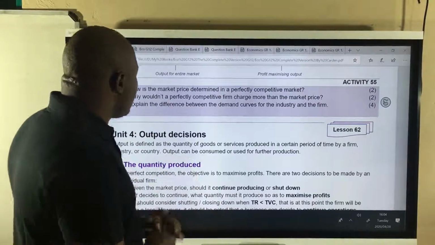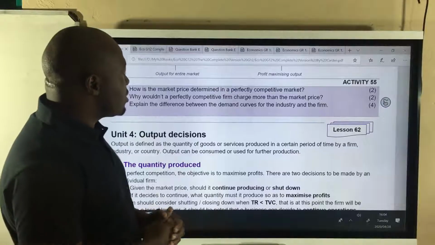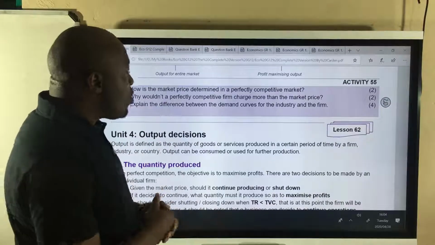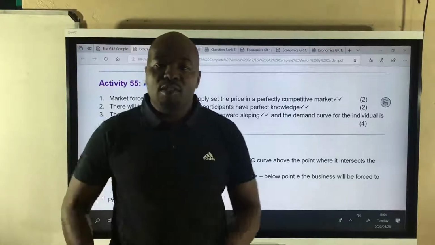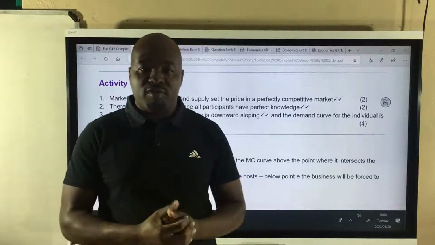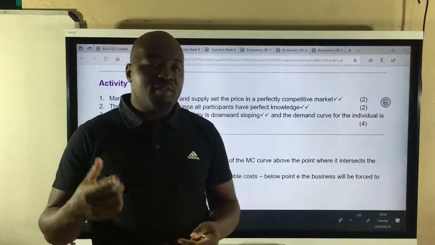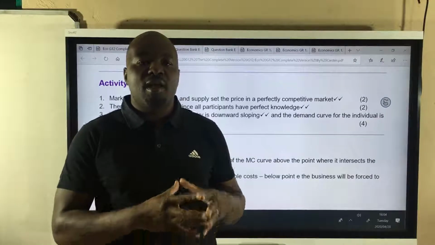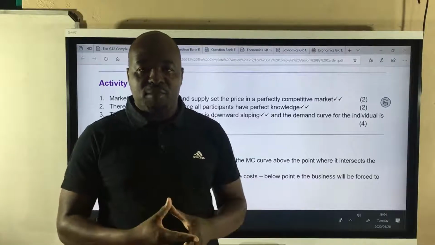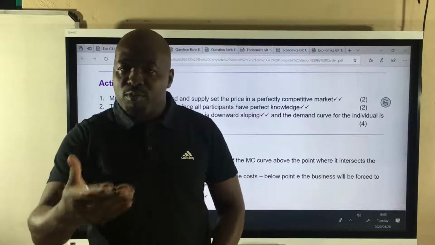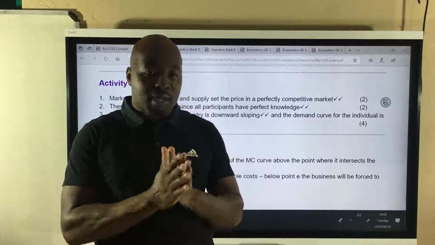Number two, why wouldn't a perfectly competitive firm charge more than the market price? Now you might want to think, okay, it's a good thing to charge more because you make more profit. But the problem is, one of the characteristics in this market is perfect information. So because buyers have perfect information, they are not going to buy from your business because they know the market price.